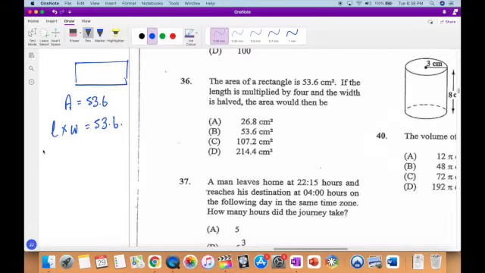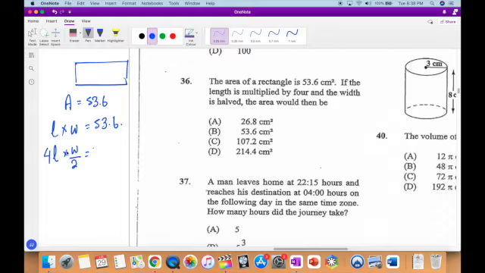If the length is multiplied by 4 and the width is half, that means that I'll have to multiply by 4 and half it at the same time.